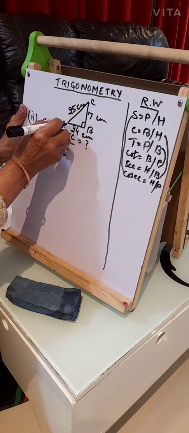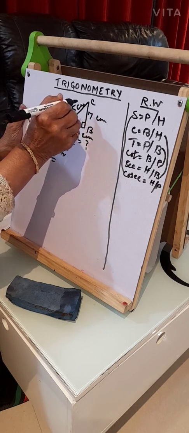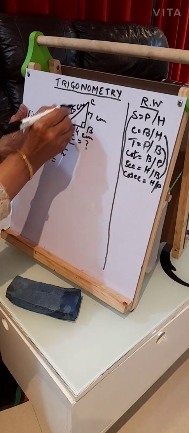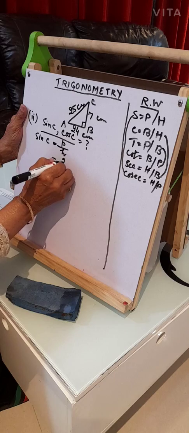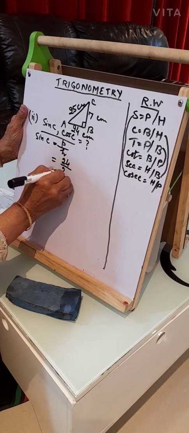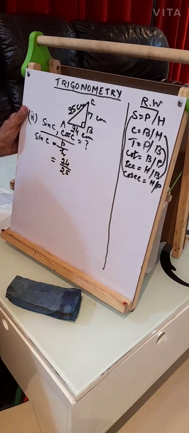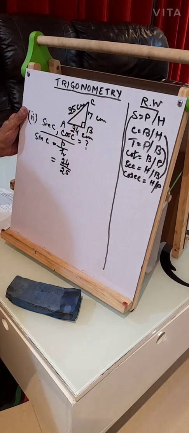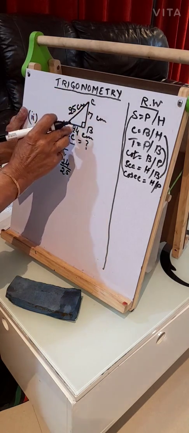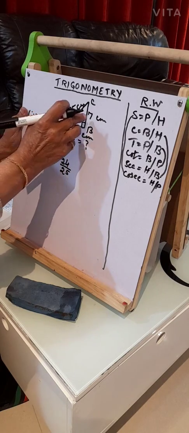P over H. P होती है सामने वाली साइड टू द गिवन एंगल. Sin C, C के सामने कौन सी साइड है? 24. So, it is 24 over H. H is 25. So, for angle C, it will be 24 over 25. Opposite side to angle C is 24. Opposite side to angle A was 7.